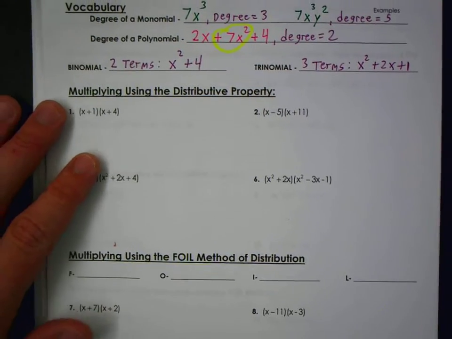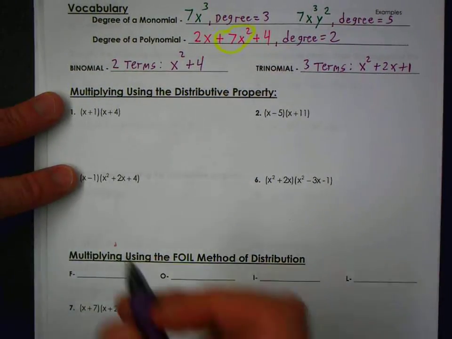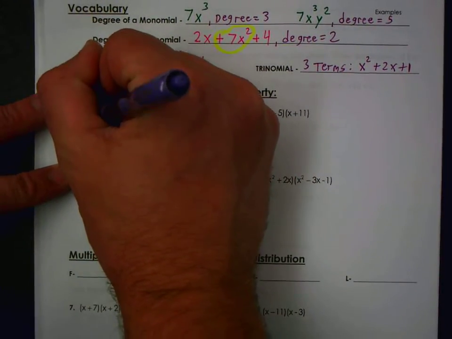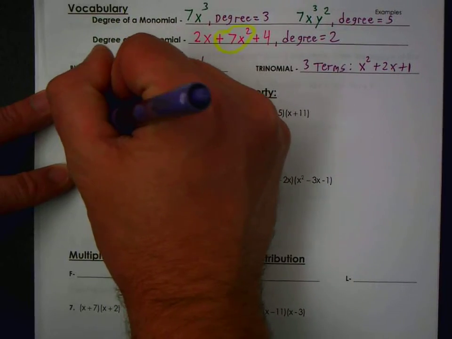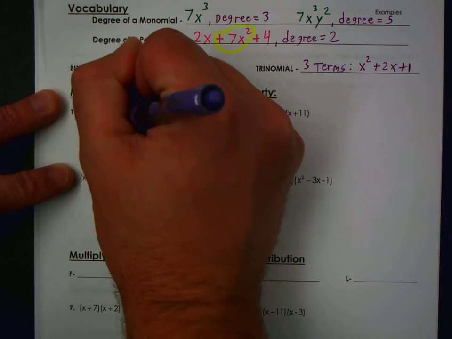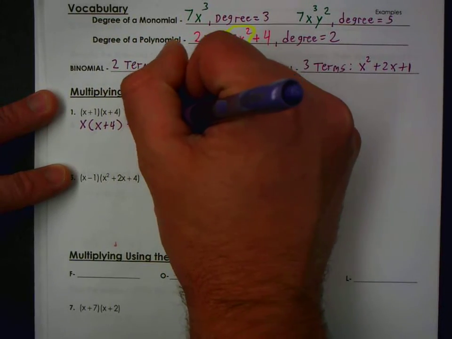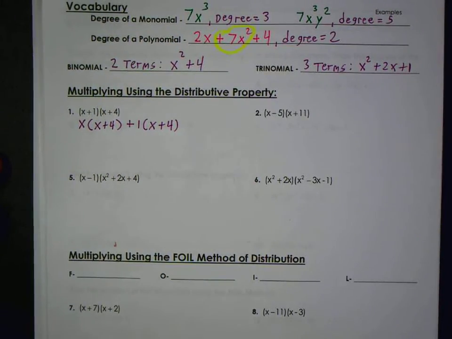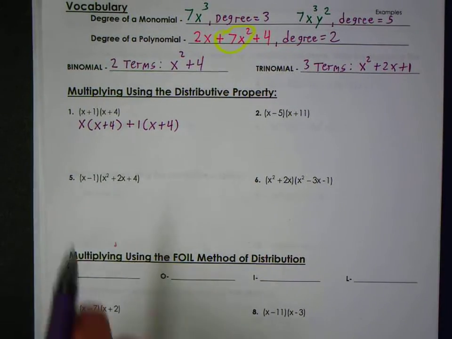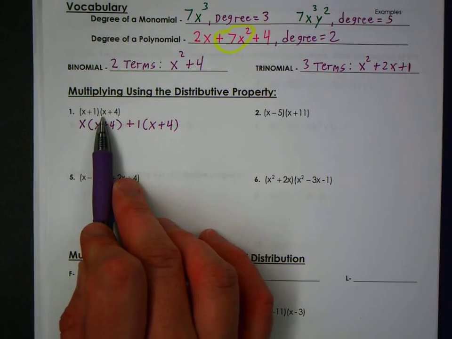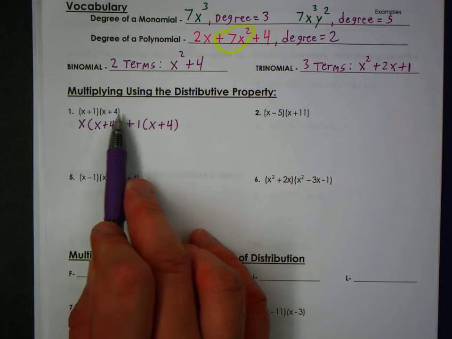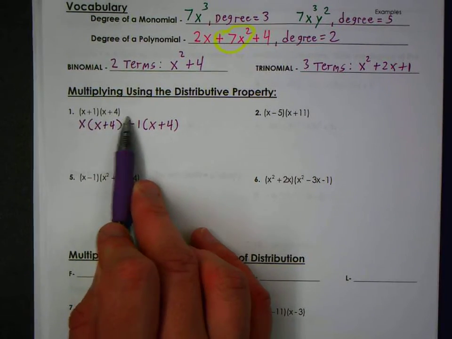So the first one is distributive property, and that's when you take x in front of the x plus 4, and then the 1 in front of the x plus 4.